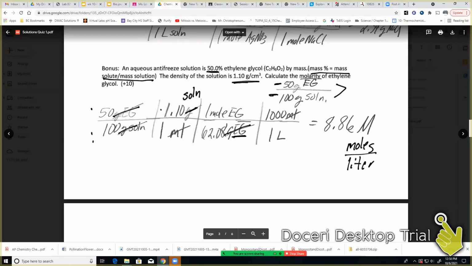So if I stop right there, I have the units that I need. I have moles of ethylene glycol per liter, because I got my other units to cancel out. So that was a tricky little problem. Anybody have any questions on that one? That's why it was worth plus 10.